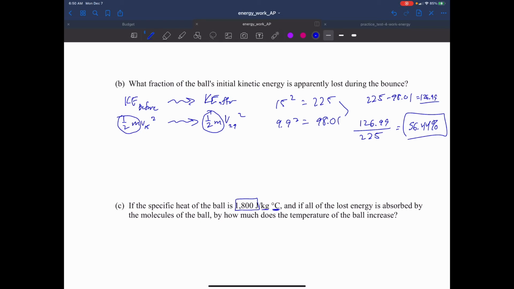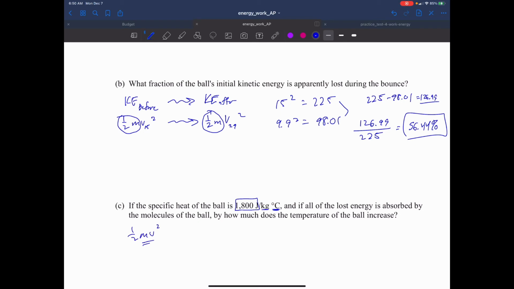A lesser AP physics teacher would pause for a moment and try to think about what the mass of the ball was, because the kinetic energy that is produced is definitely connected to the mass of the ball, right?